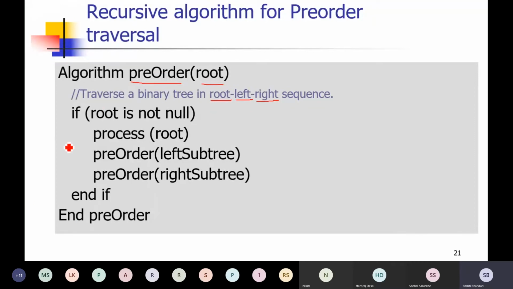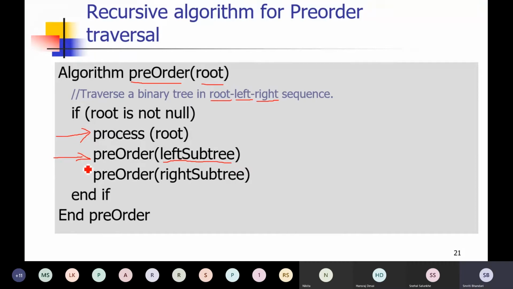So how have we written this algorithm? We are checking if root is not null. That means we are checking whether our tree is empty or not. If our tree is not empty, then we are going to process the root node. So we have here the statement process root node. After processing the root node, we recursively call the same algorithm pre-order with the address of the left subtree.